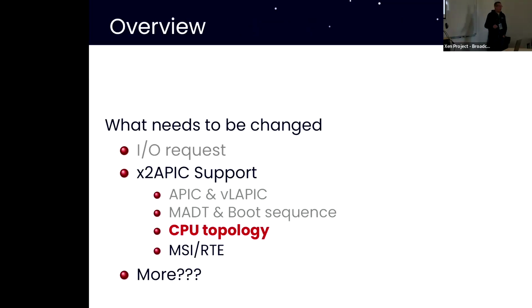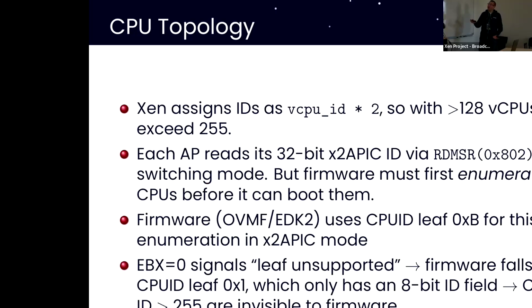But this MADT, this multiple APIC description table, is actually not enough in order to enumerate the CPU topology. There's some extra code, which is related to the CPUID instruction.